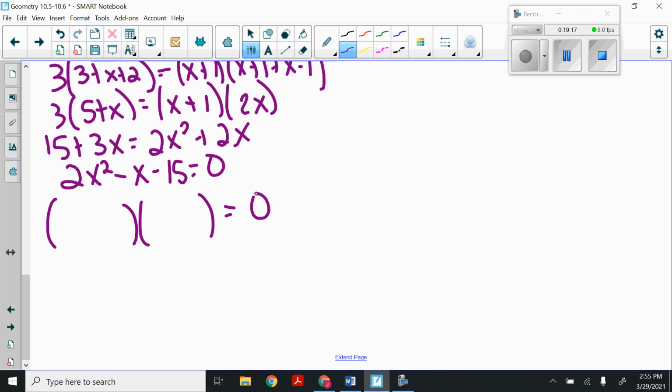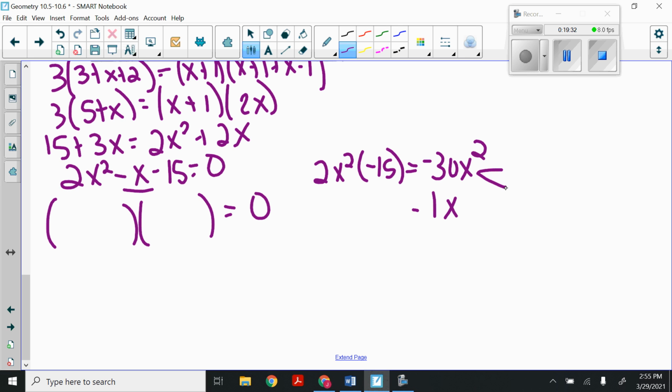So remember factoring, okay? Do 2x squared times negative 15. That gets me negative 30x squared. I'm trying to get a negative 1x. So I'm looking for what can I multiply together to get negative 30x squared, but add together to get a negative 1x. So what can I multiply together to get negative 30 that I can get a 1 out of?